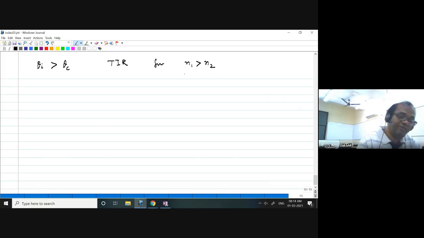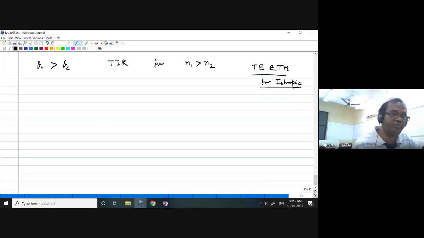And this total internal reflection can take place for both polarizations, TE as well as TM, as long as you consider that their refractive indices are the same in the medium. That means it is an isotropic medium, and of course we are talking about a homogeneous medium. Homogeneous and isotropic. You know the difference between homogeneous and isotropic, I guess. I don't need to repeat that.